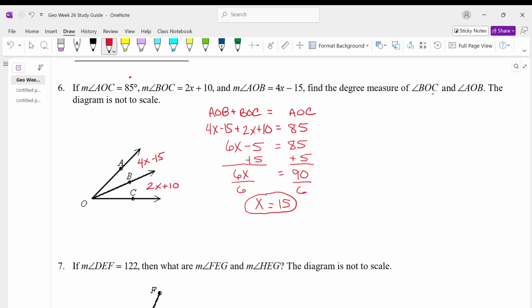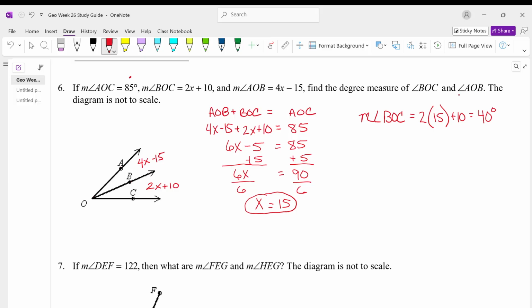So we need to measure BOC. So the measure of angle BOC is equal to 2 times 15 plus 10. And what's 30 plus 10? 40.